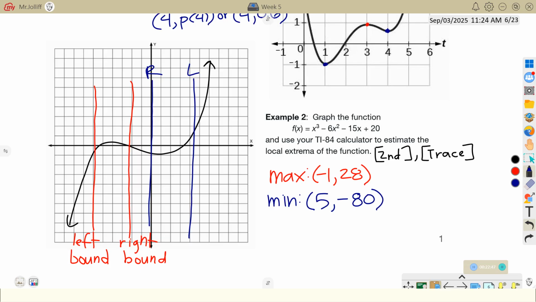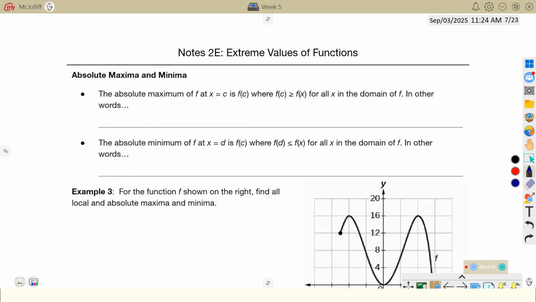Okay, questions on what local maxes and mins look like? No. Okay, let's take a look at absolutes, and then we'll be done. All right, so absolutes are the highest points for the whole function or the lowest points for the whole function.